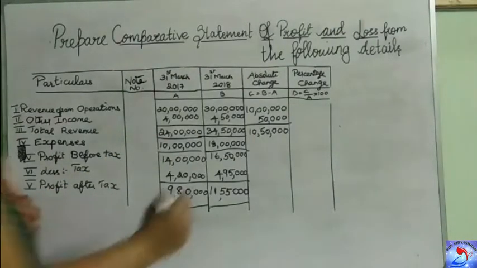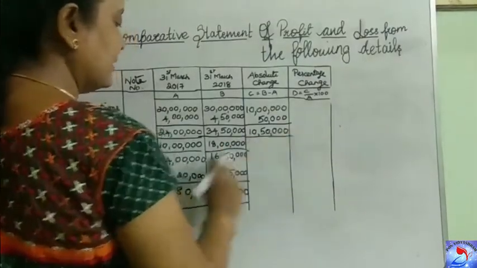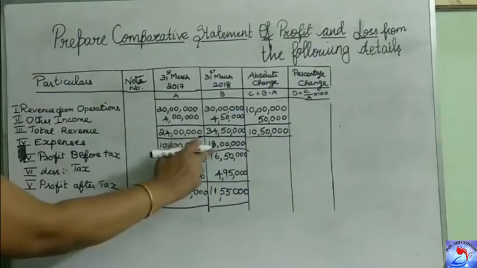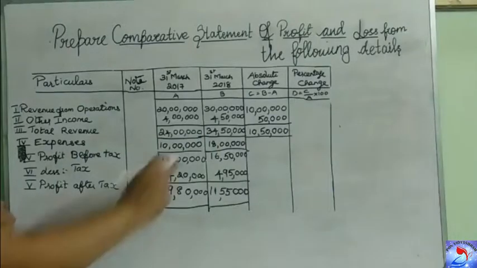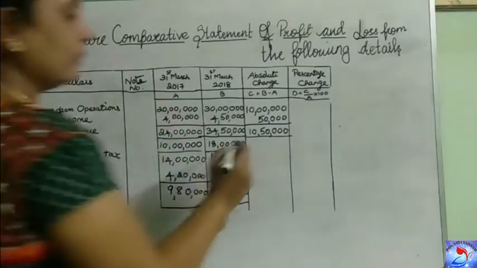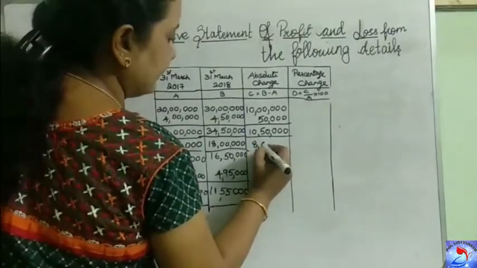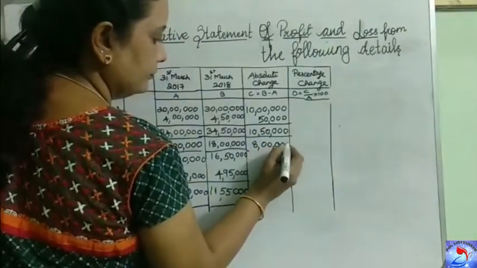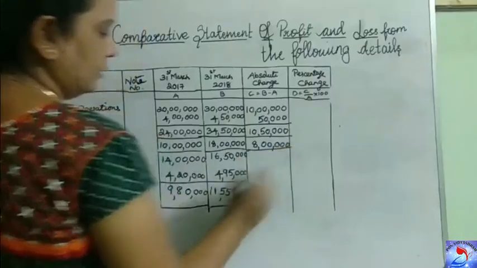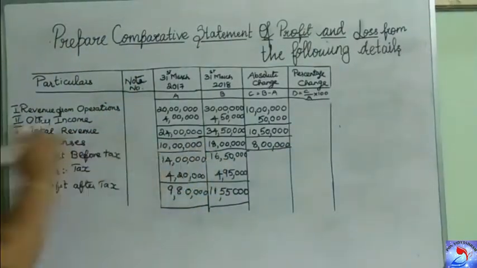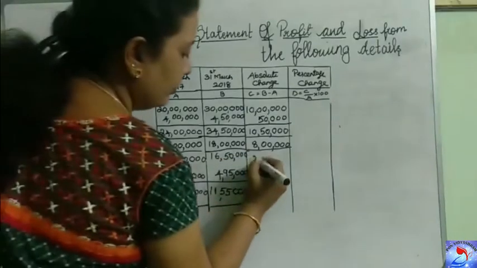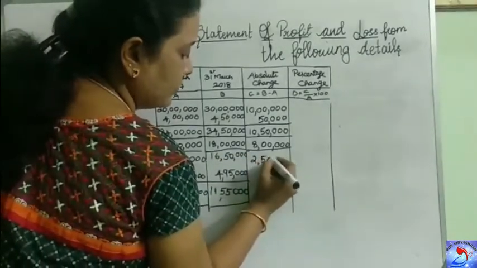To calculate the absolute change in expenses, 18 lakh minus 10 lakh will give you 8 lakh. Then profit before tax, 16 lakh 50,000 minus 14 lakh, will give you 2 lakh 50,000.